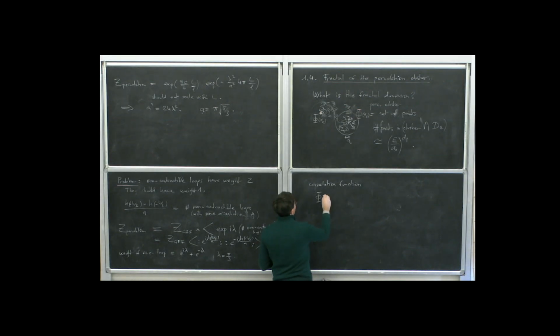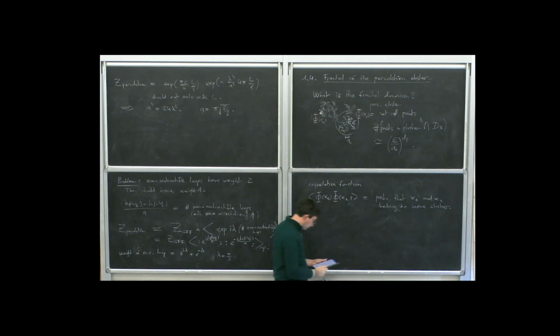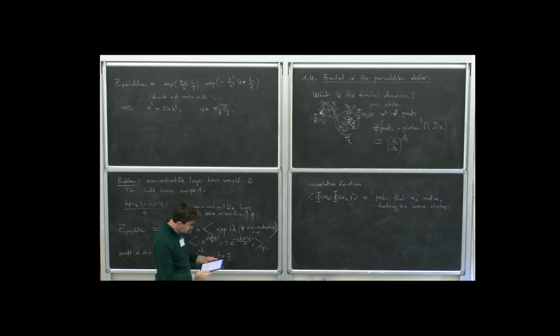So this correlation function of phi of x1 and phi of x2 measures the probability that x1 and x2 are two sites on the same cluster, belong to the same cluster. Okay?